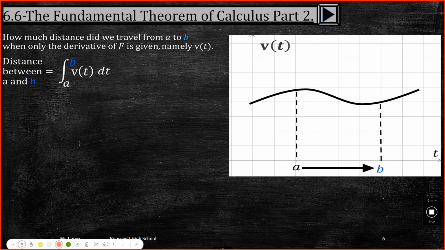So how much distance that f function, or whatever that other function was, traveled is the area under this curve here.